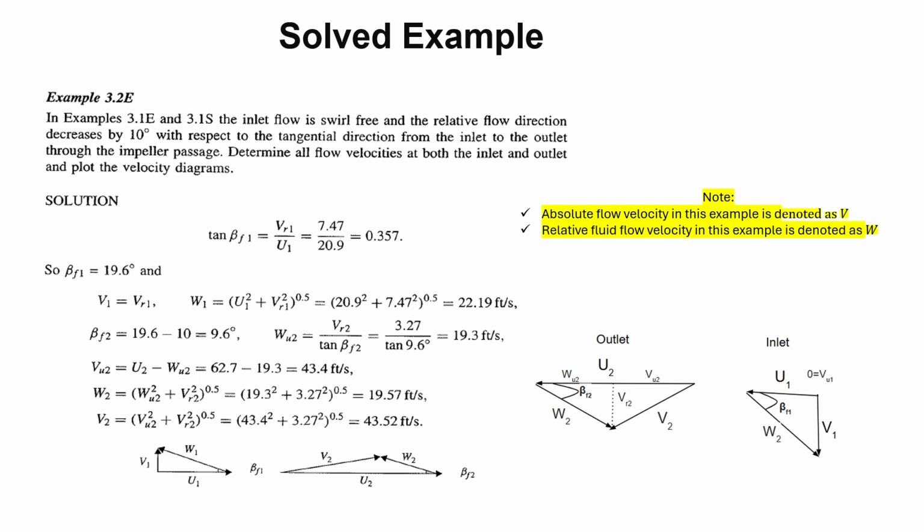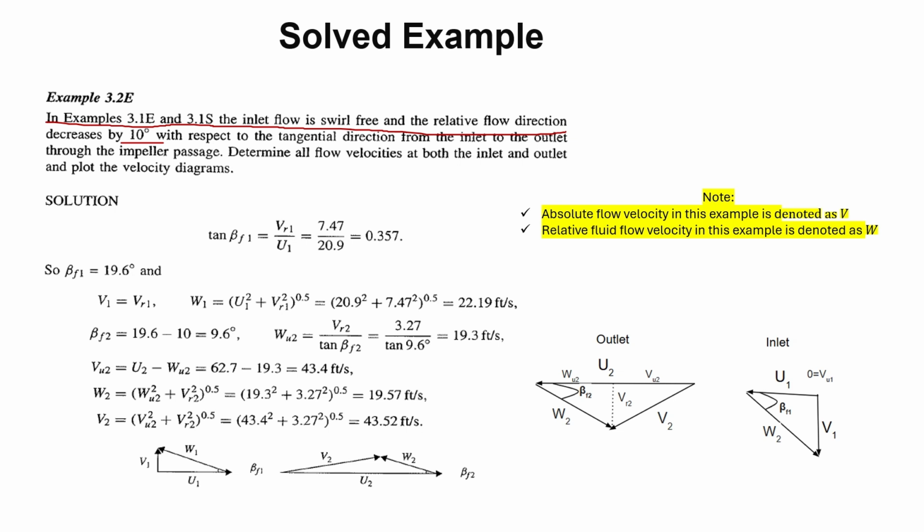Okay, so with that let us move to the next example. The next example is actually related to the previous example in some sense, but the thing you hear is that the inlet flow is swirl free and the relative flow direction decreases by 10 degrees.